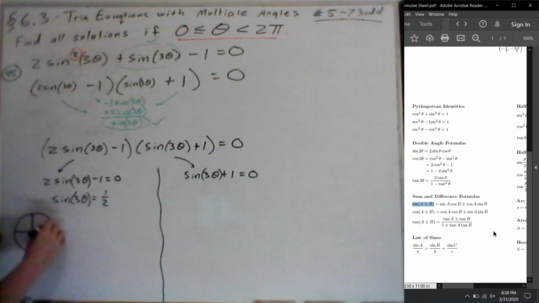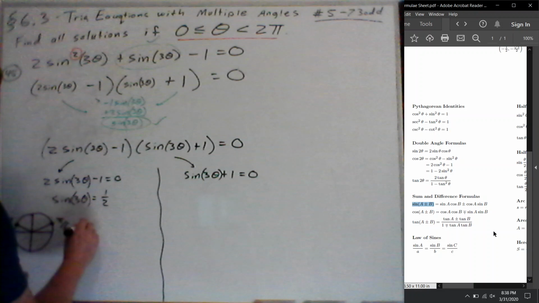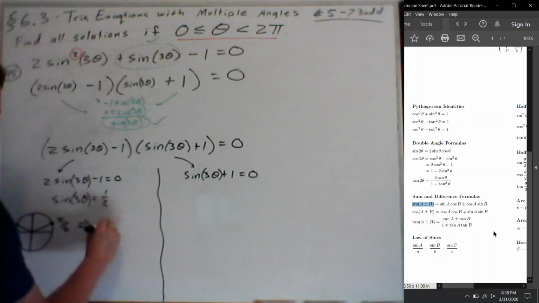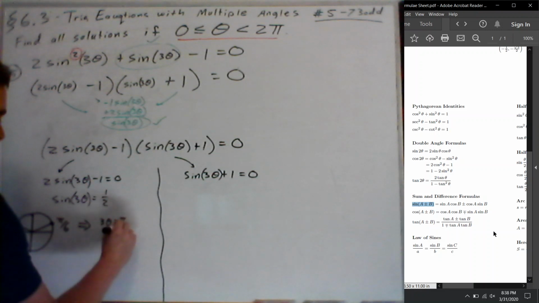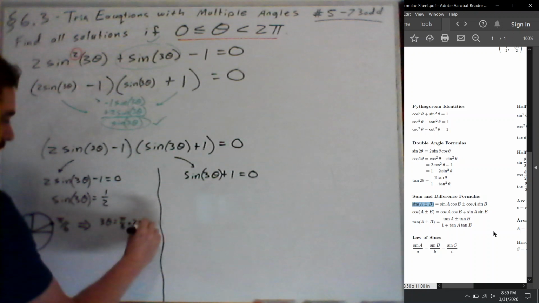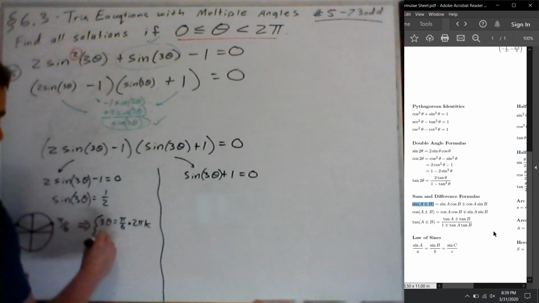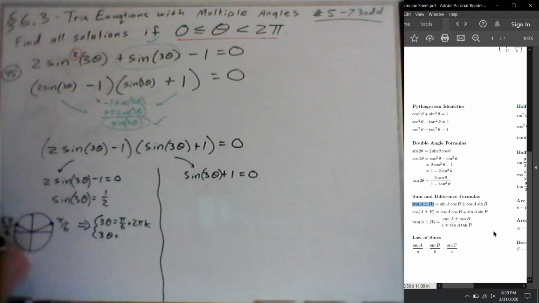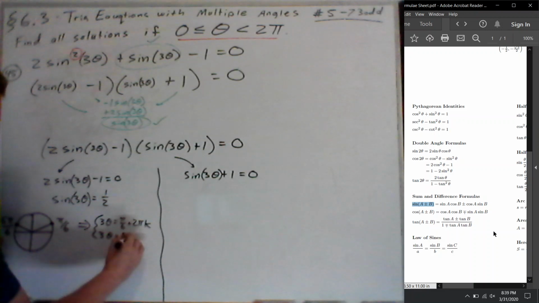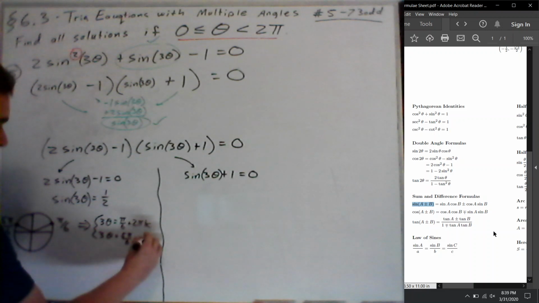The sine value is going to be 1/2 at pi over 6, and over here at 5 pi over 6, we just saw that. But now I'm looking at 3 theta is pi over 6 plus 2 pi k, or 3 theta is 5 pi over 6 plus 2 pi k.